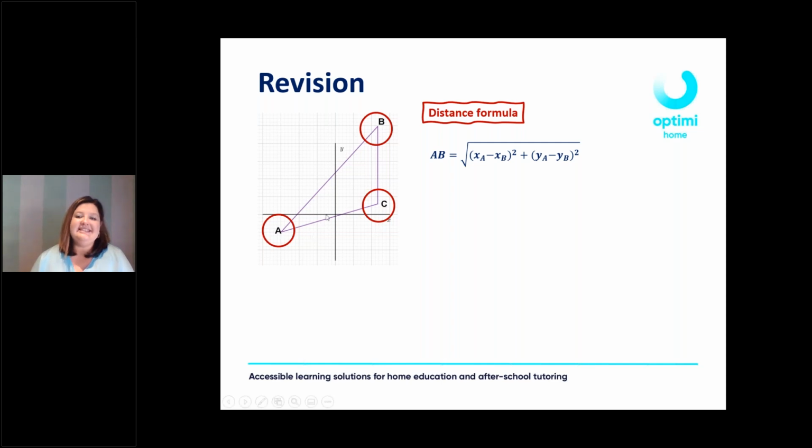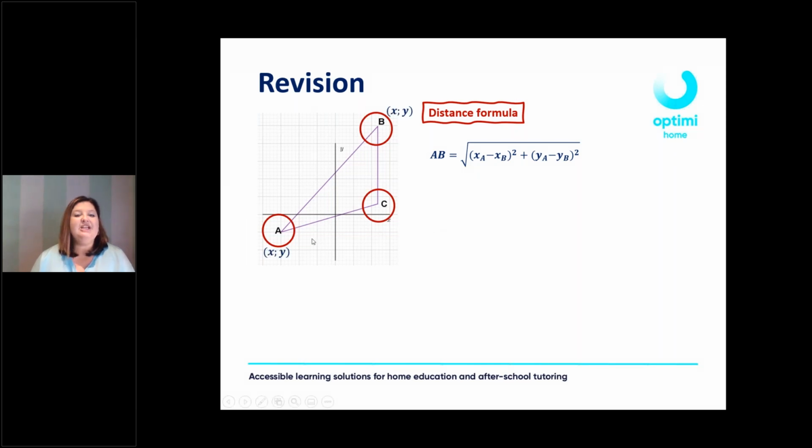So what does this formula tell us? It says that the distance, the length between A and B, is equal to the square root of (xa minus xb) squared plus (ya minus yb) squared, all under the square root. Now that is a lot of symbols going on there, but what does it really mean?